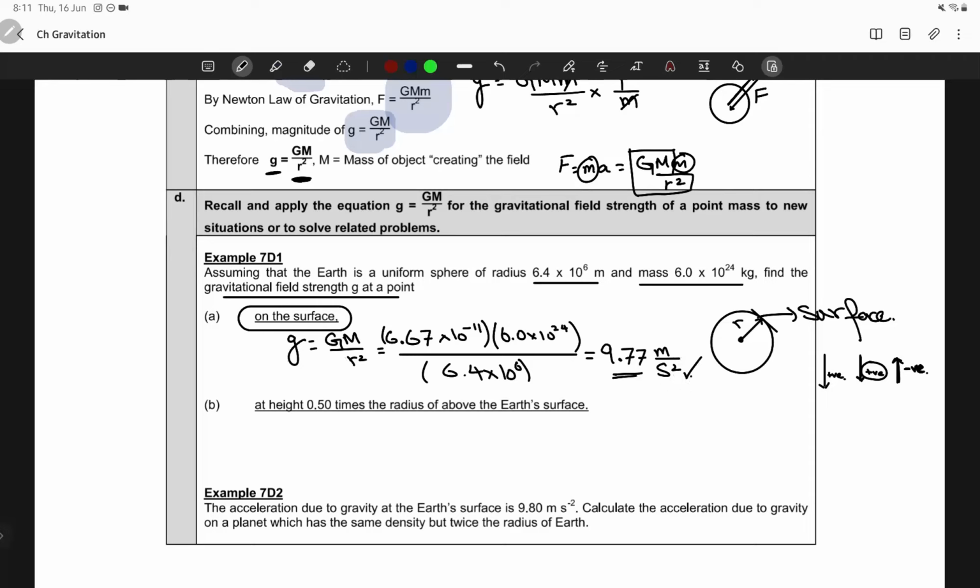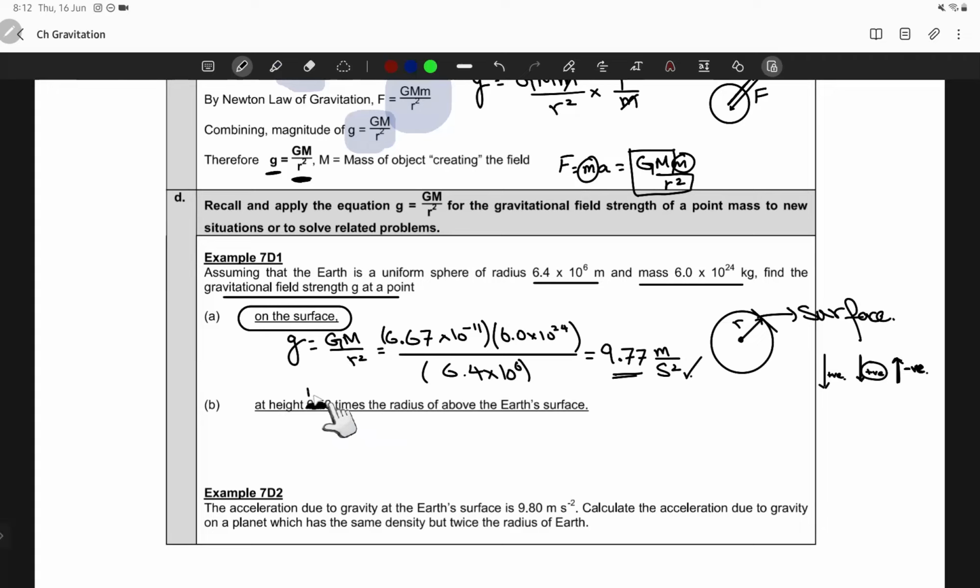Now let's check what happens. The next part is at height 0.5 times the radius above the Earth's surface. So what they're asking you is at the height 0.5. Actually, it should have been 1.5, right? This is a mistake in this example.